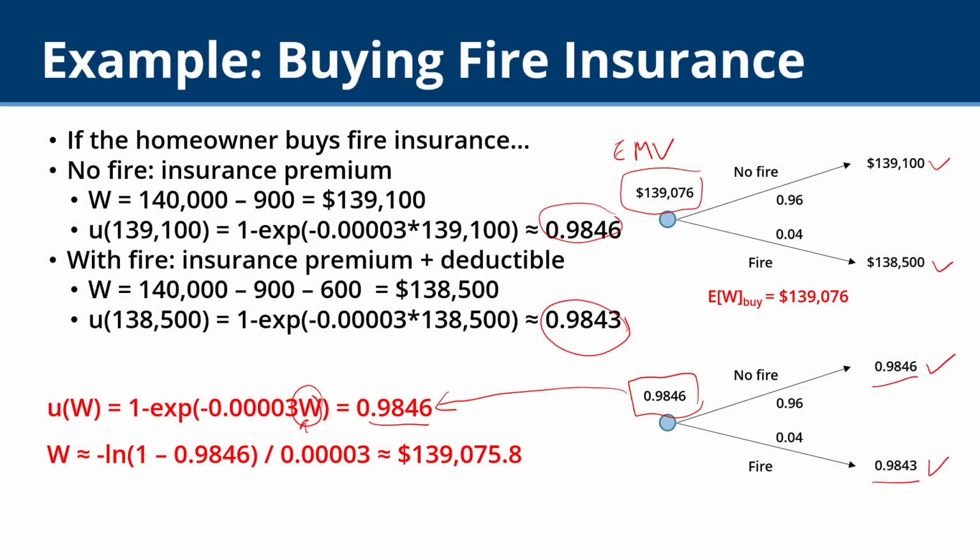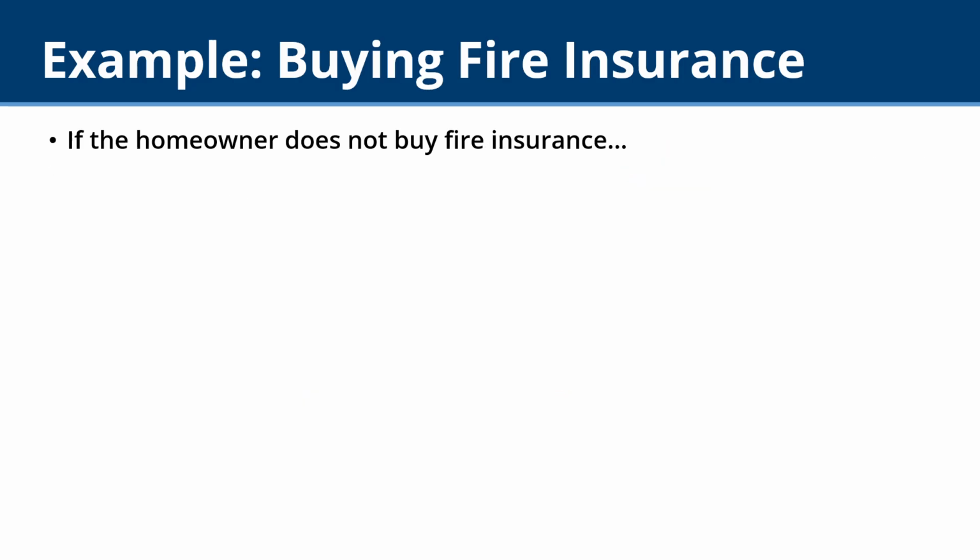Now we have to contrast this to the case where the homeowner decides not to buy fire insurance. If the homeowner chooses not to buy fire insurance, that doesn't mean there will be a fire or there won't be a fire.